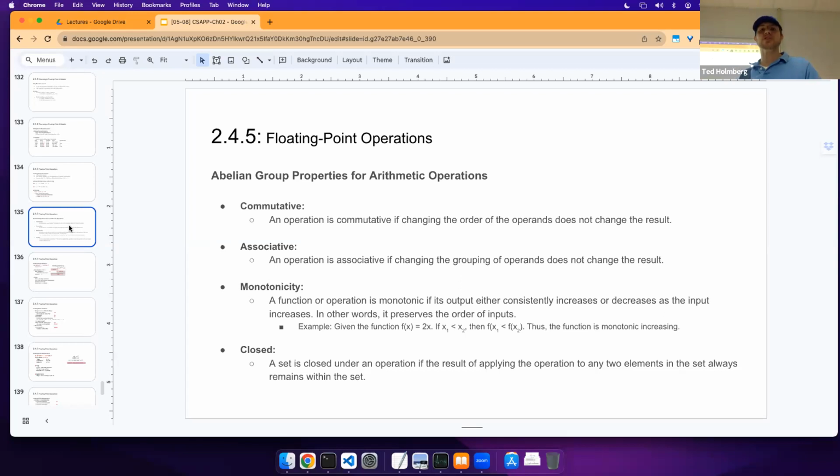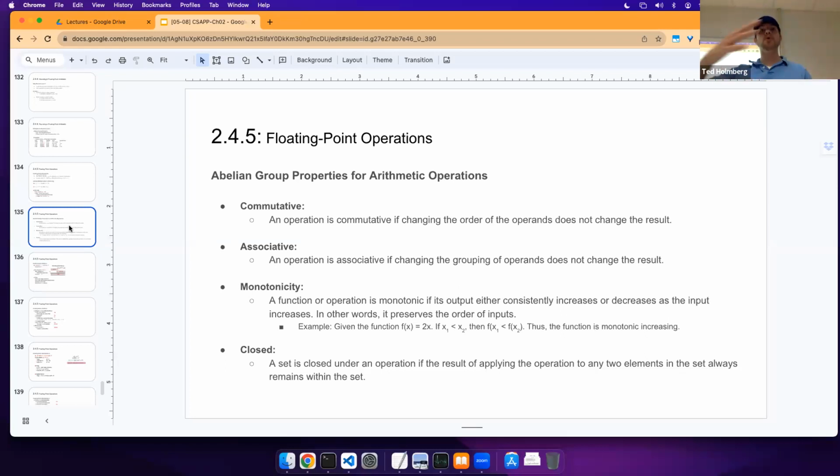Commutative just means that the operation is commutative if changing the order of the operands does not change the result. The operands are the values. So like 4 plus 3 is the same as saying 3 plus 4, right? It's associative if you have an operation where you have groups of operands.